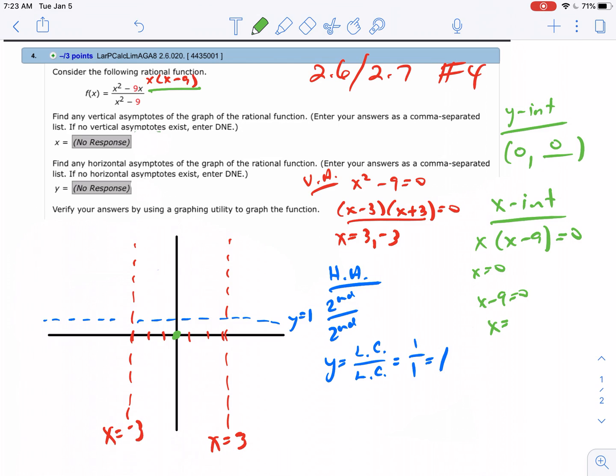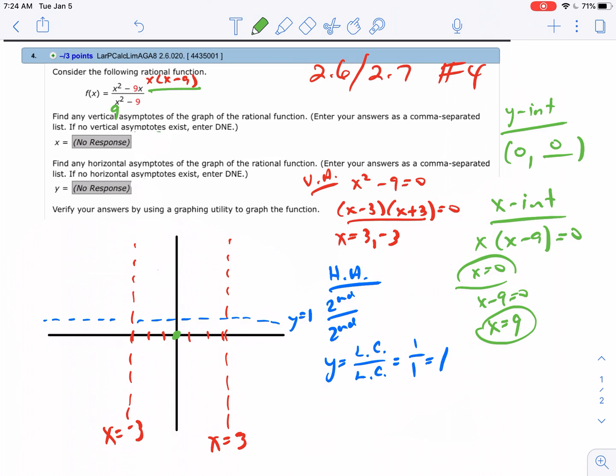And then add 9 to both sides, I get x is 9. So it looks like these are the two x values. If I plug them in, it makes the top 0. Now, if I put 0 in here, I'm left with negative 9. So that didn't make the bottom 0. So that's why it makes the top 0 without making the bottom 0.